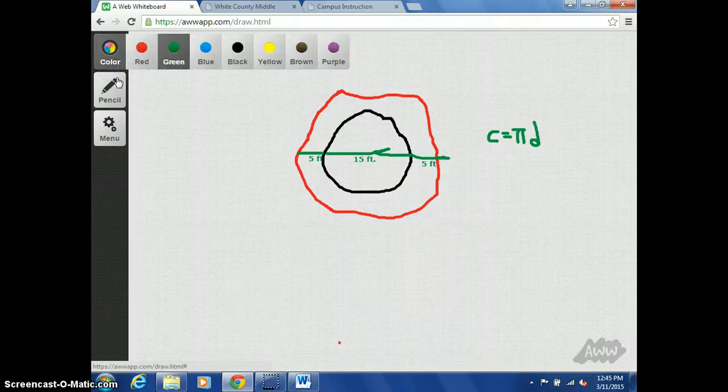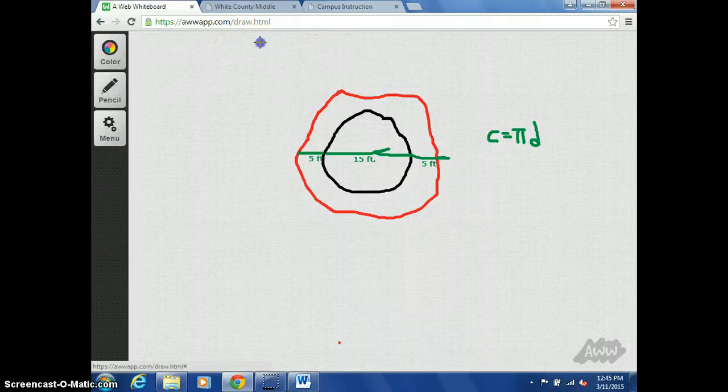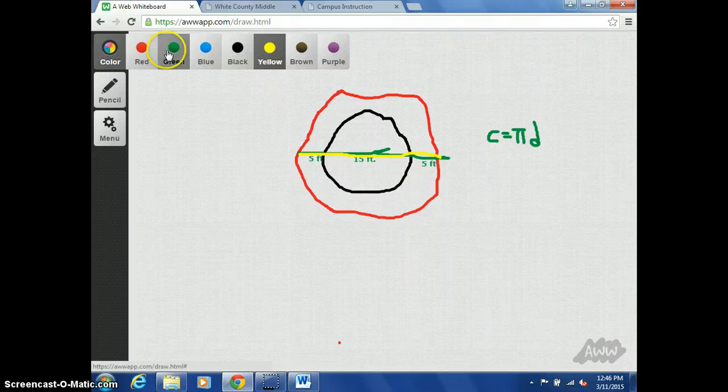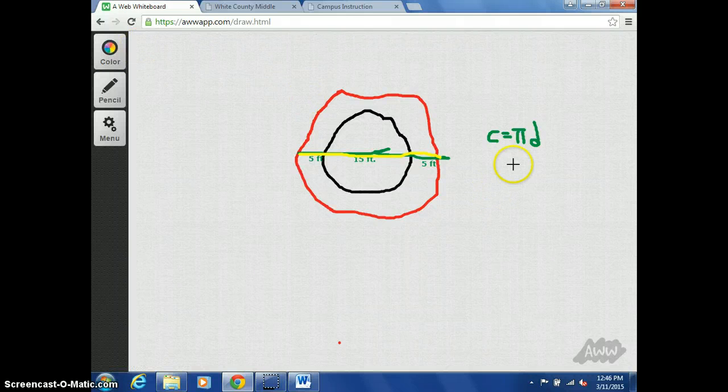Now one of the issues with this is we actually don't have the diameter. But if this is 5 feet, this is 15, and this is an additional 5, what would the diameter be? 25. Yeah, 15, 20, 25.